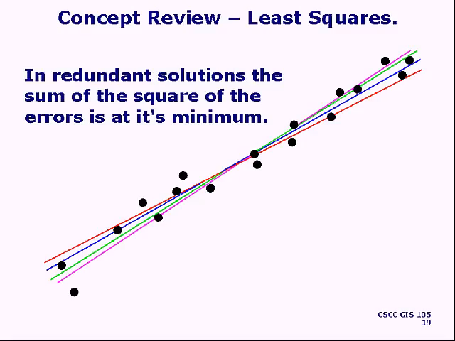The more measurements we have, the more redundancy we have. Solving for redundant solutions is what least squares is all about. Well, we won't even state what least squares is. It just comes down to minimizing the error at every point, coming up with the most likely line to fit the measurements that are out there.